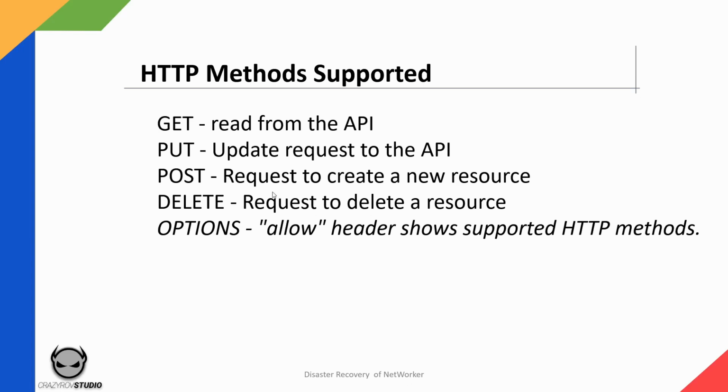For example, NetWorker API servers support the GET method, the PUT method, the POST, and the DELETE. If you are familiar with databases, it is basically CRUD. GET is usually a read, that is, the GET method is used in an HTTP call whenever you want to read any information from a particular API. So it is basically a query.